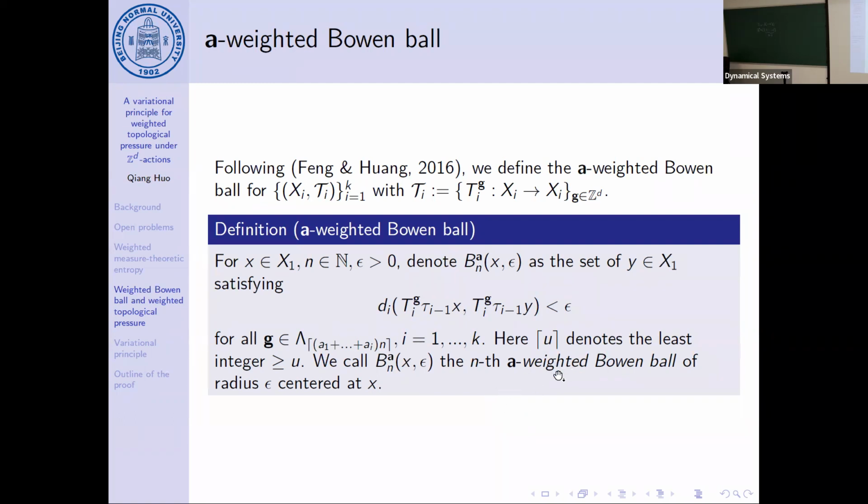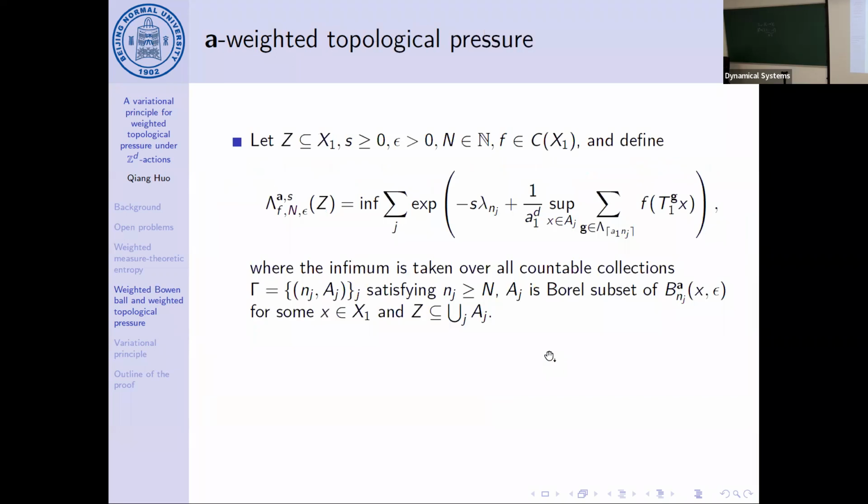We will use this definition of weighted Bowen ball to define the weighted topological pressure. Now I will give you the definition of weighted topological pressure for a subset of the compact space X1. They might be non-compact.